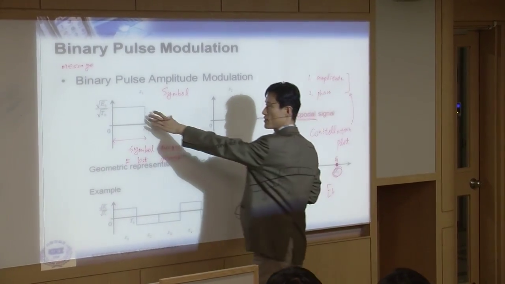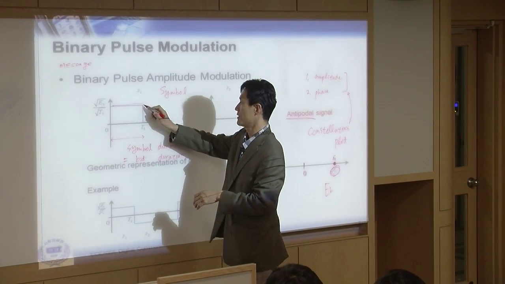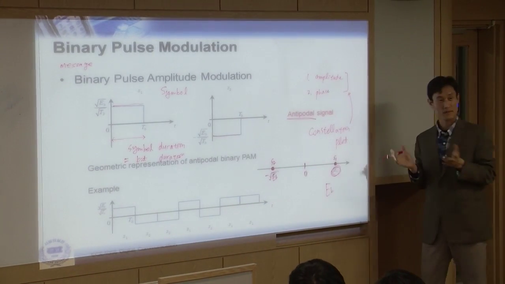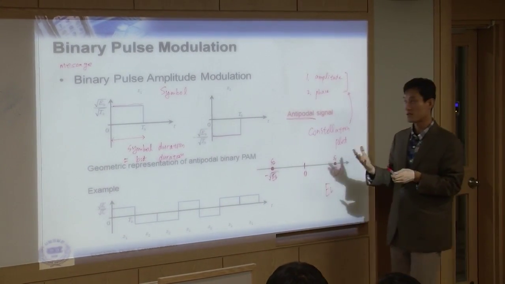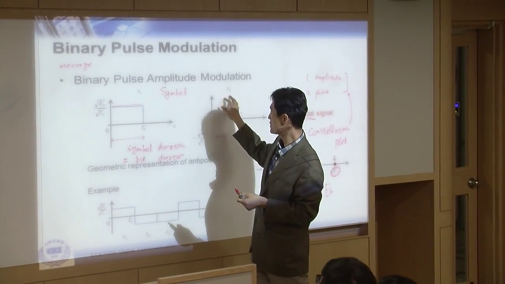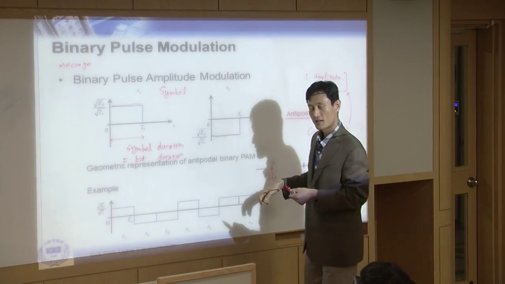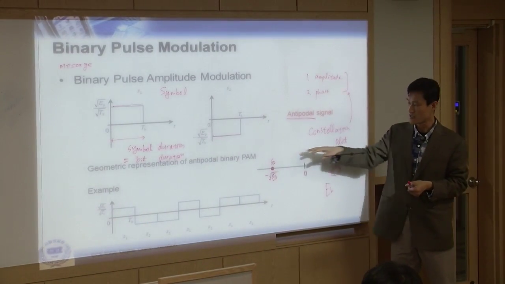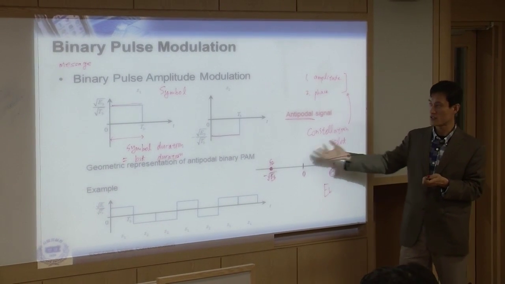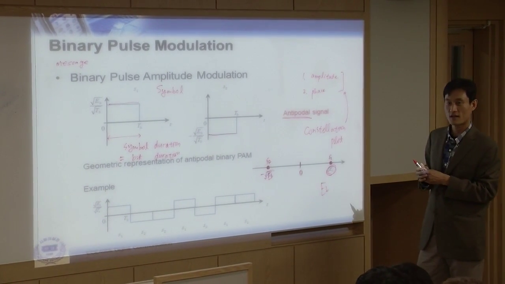So this picture here and this picture here are the same. The only difference is that in this picture I presented S1 and S2 in the time domain, and this picture puts S1 and S2 in the constellation plot. But these two are basically the same thing.